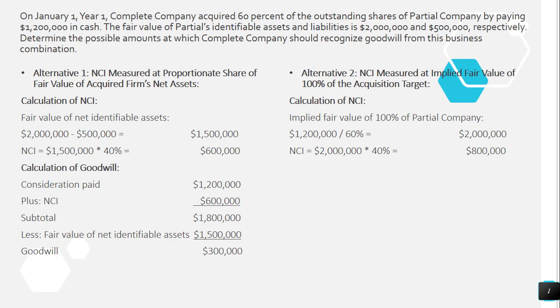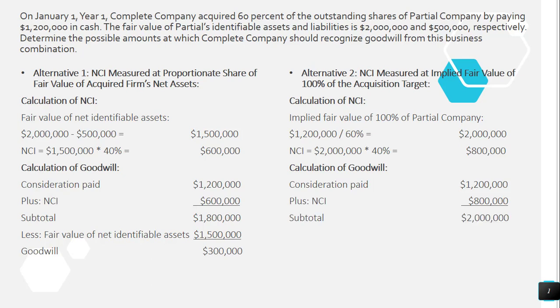Then to calculate goodwill, we again start with consideration paid. We're going to add the non-controlling interest of $800,000. We get our subtotal of purchase consideration plus non-controlling interest, which is $2 million. And then we subtract the fair value of net identifiable assets of $1.5 million to obtain goodwill of $500,000.